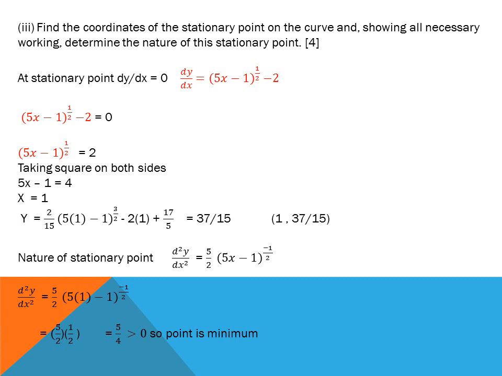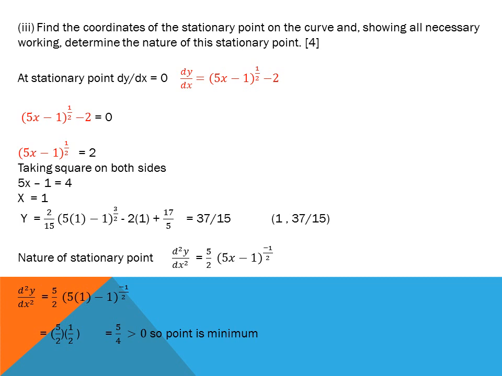In order to check the nature of the stationary point, we put the x value of the stationary point in the second derivative equation. d squared y over dx squared is equal to 5 by 2 into (5x minus 1) to the power minus 1 by 2. I place the value 1 in place of x. I found that d squared y over dx squared is equal to 5 by 4, which means positive.